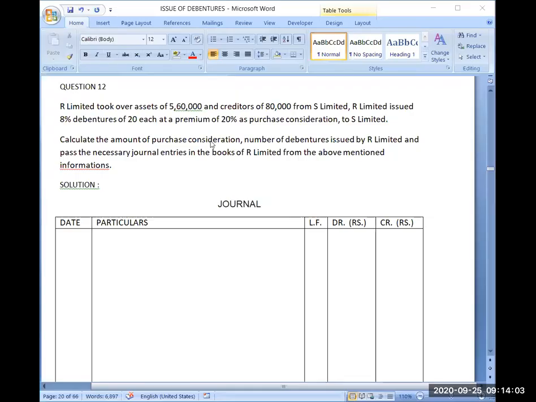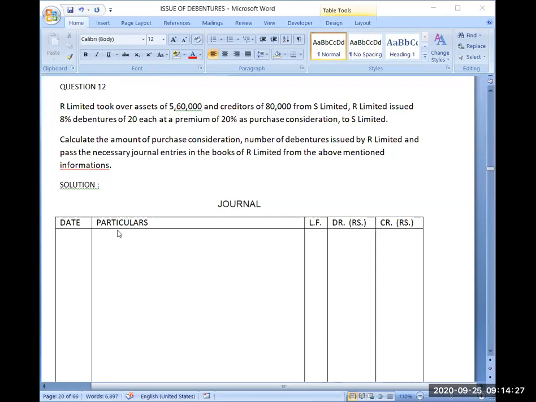R Limited issued 8% debentures of rupees 20 each at a premium of 20% as purchase consideration to S Limited. Calculate the amount of purchase consideration, number of debentures issued by R Limited, and pass the journal entries in the books of R Limited from the above mentioned information.